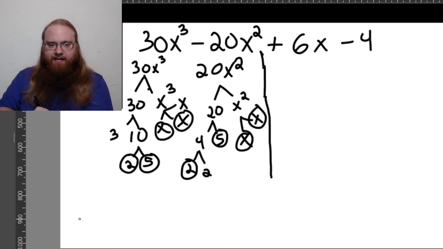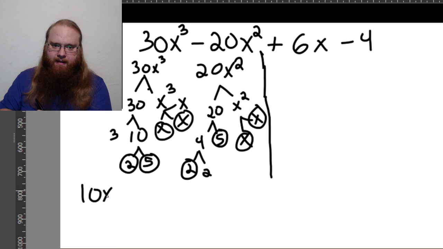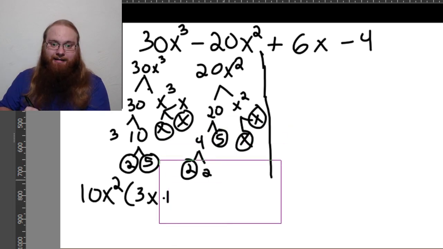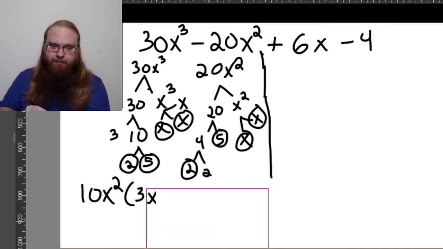So 2 times 5 is 10. X times x is x squared. So we're going to get a 10x squared as our GCF. What's left for 30x cubed is 3 times x, which is 3x. And what's left for 20x squared is just 2. Oh, it's not plus 2. It's a minus 2.